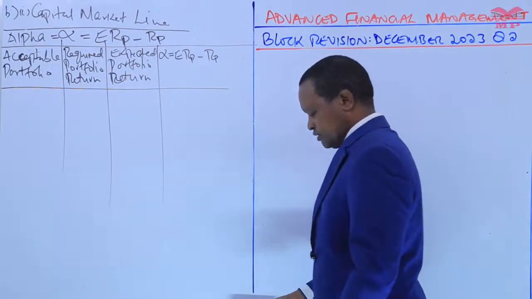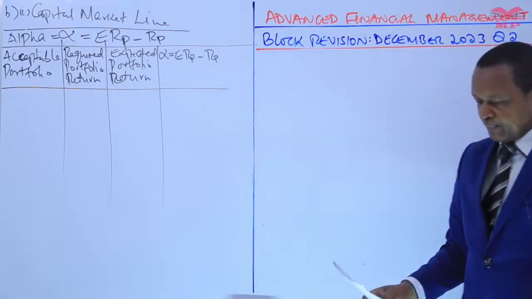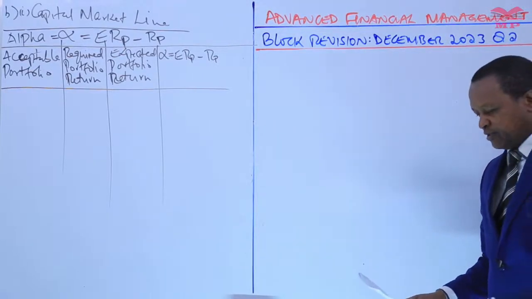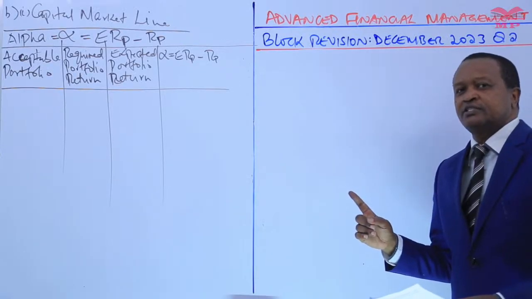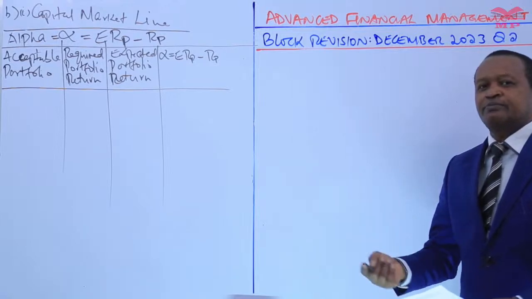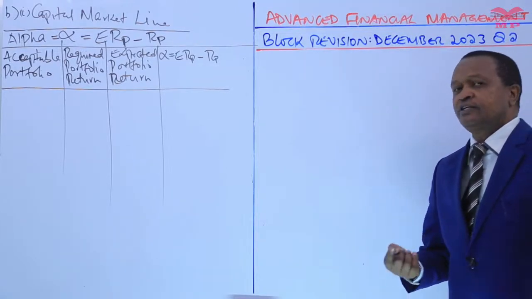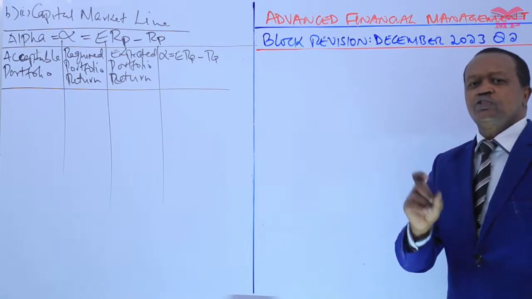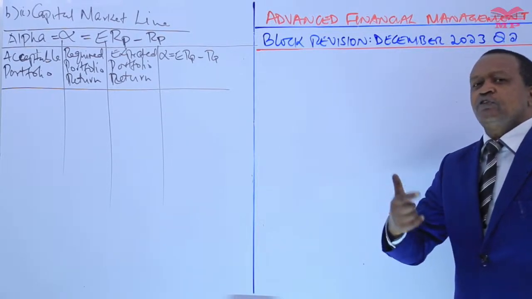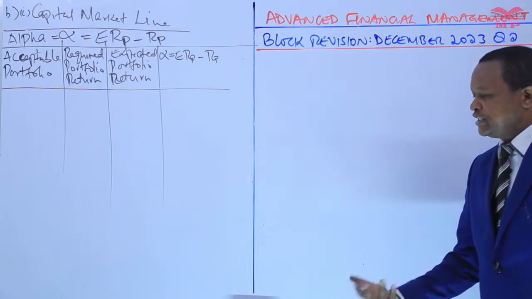Now, candidates, going back to the question, we have in note number 4, the details related to the projects and the money market. And we've defined CML as a concept in finance that illustrates the relationship between risk and return for efficient portfolios.